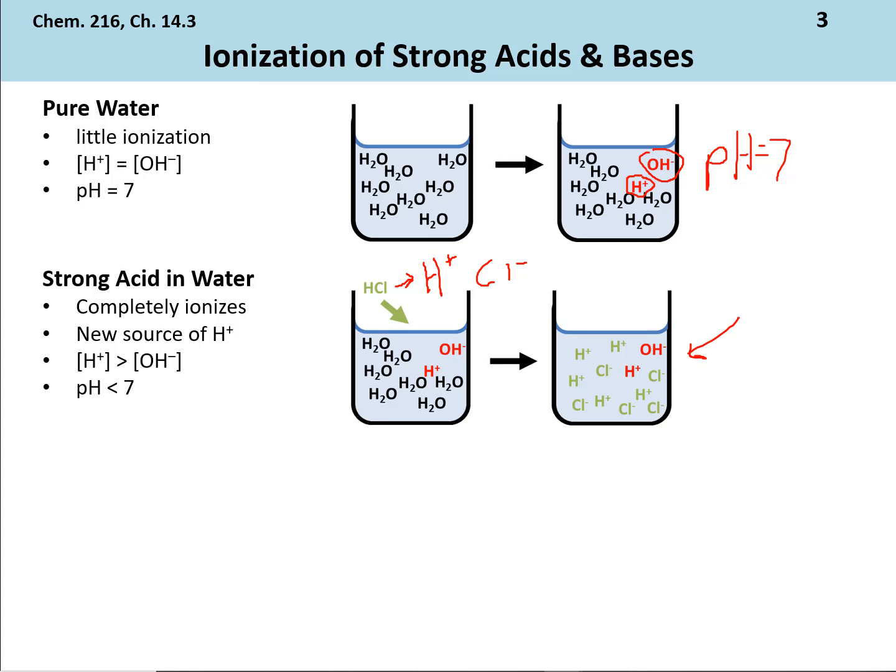All I have is H plus and Cl minus. By the way, I've removed the H2O. There's still water there, obviously, but I'm just thinking about the things that form ions. So now if I look at this, I have a lot more H plus than I have OH minus. And so my pH is going to be less than 7.